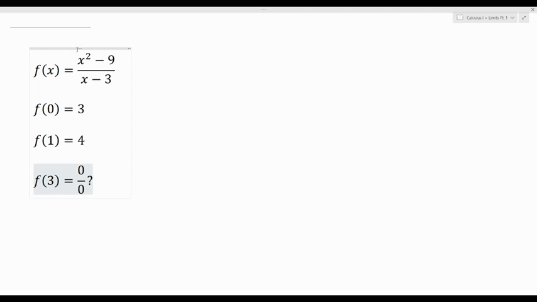This function exists everywhere except for x equals 3. And it turns out that we can figure out where we would be if x was allowed to be 3. Right? A value very, very close to 3 would produce a consistent value that we'll refer to as the limit.